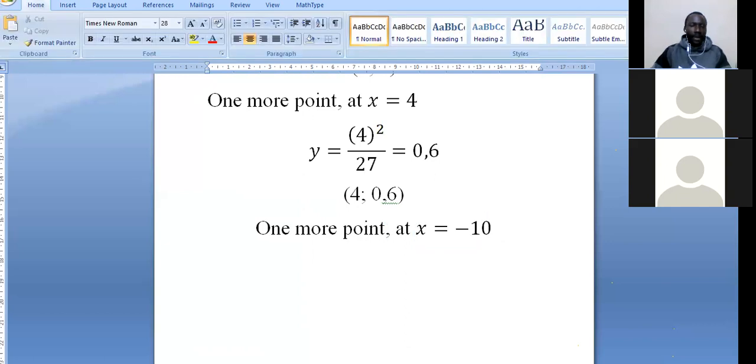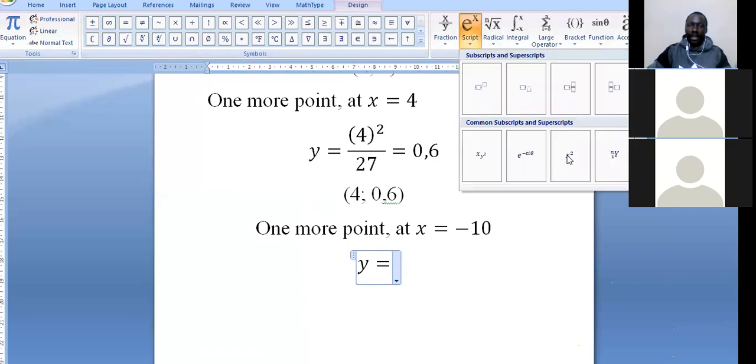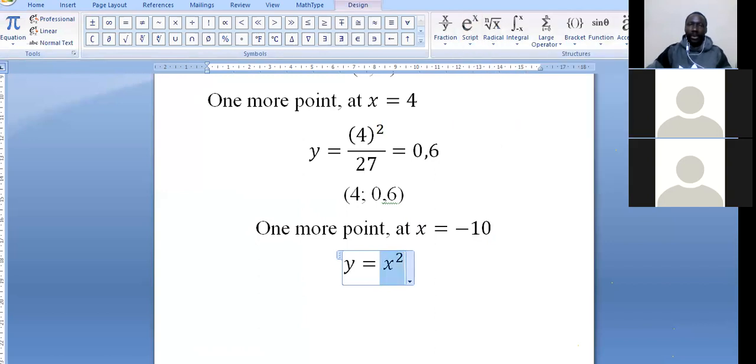Well, the value of y is going to be x squared, which is -10 squared, from x squared divided by 27. So the value of x in this case is -10. Let's substitute -10 for x.